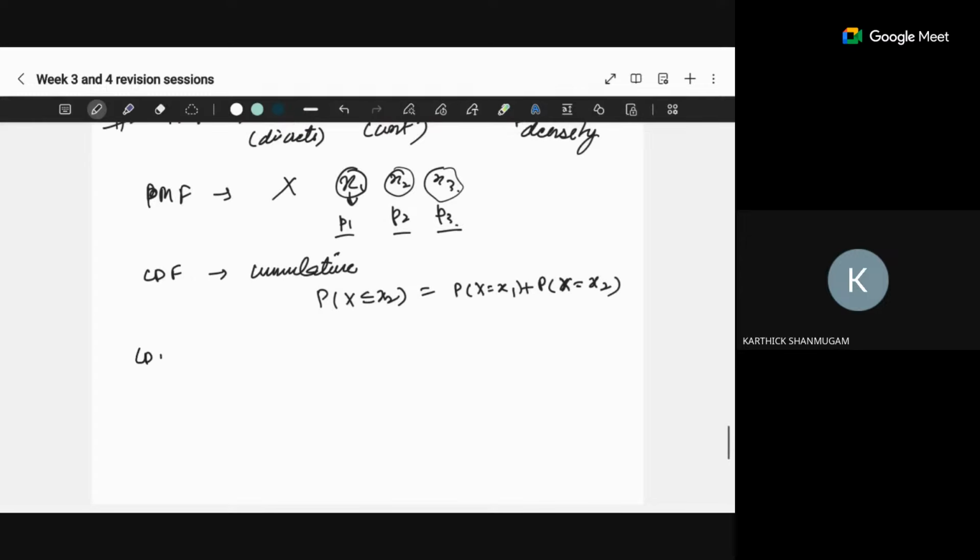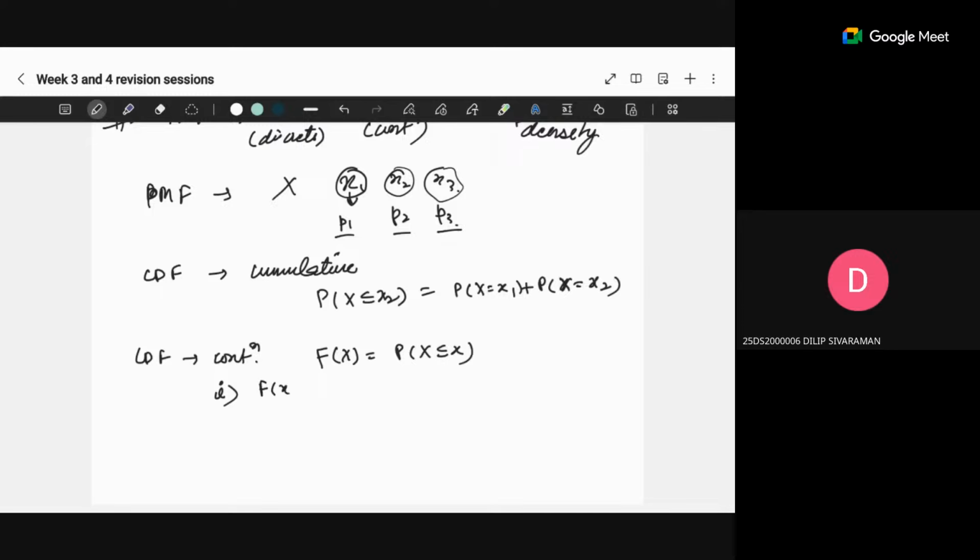Now comes the CDF of a continuous random variable. How do I write the CDF of a continuous random variable? It is Fx, which is the probability that my x is less than or equal to some value, correct? Now what are the basic properties of a CDF?